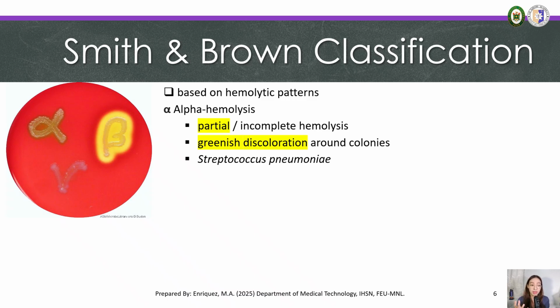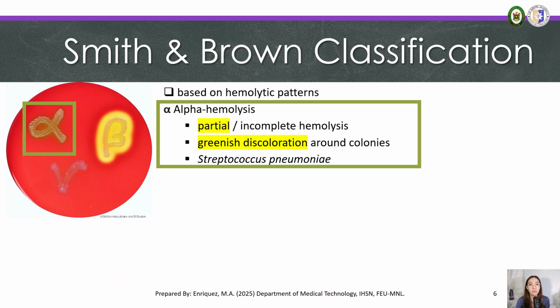All right. So if you would remember from our chapter 8 discussion, hemolysis is the destruction of RBCs in their culture media, diba? Either on BAP or on SBA. So if a bacteria is alpha hemolytic, this means that they are only capable of partial or incomplete hemolysis of the RBCs on the blood agar plate.